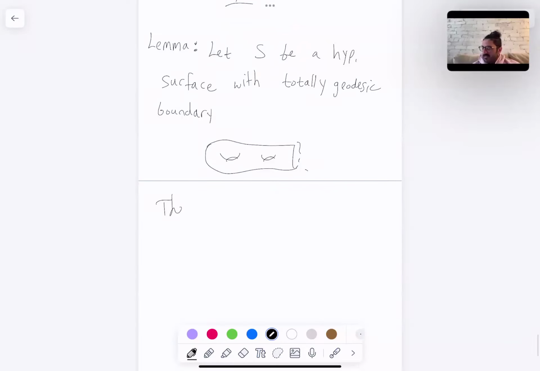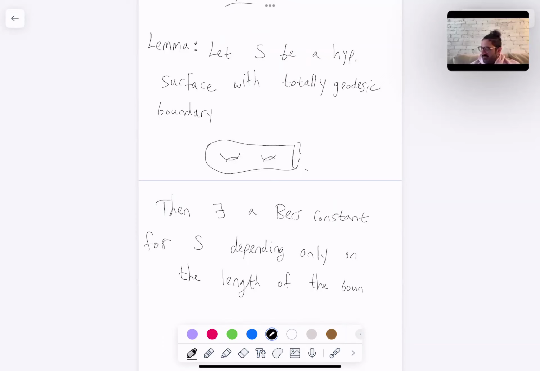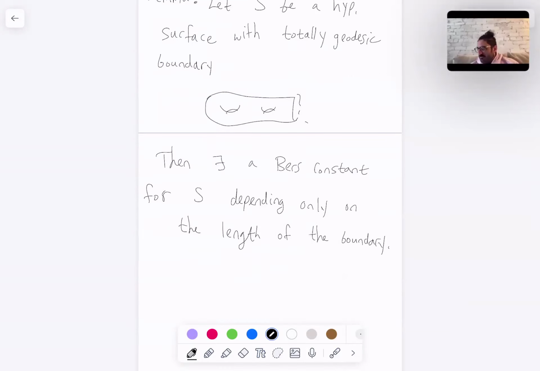Then there exists a Bers constant for S depending only on the length of the boundary. So what do I mean when I say a Bers constant?